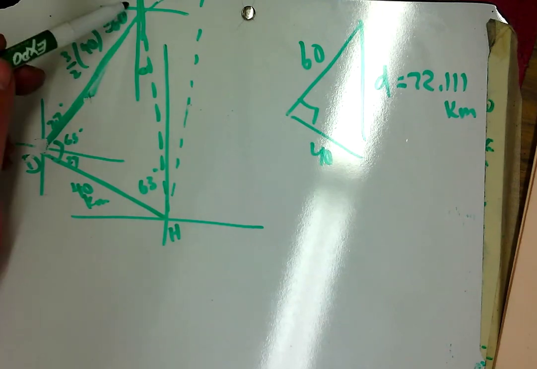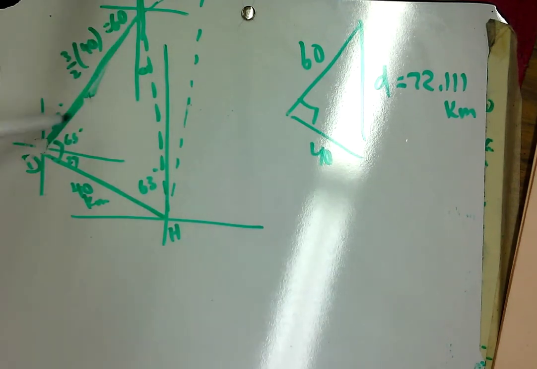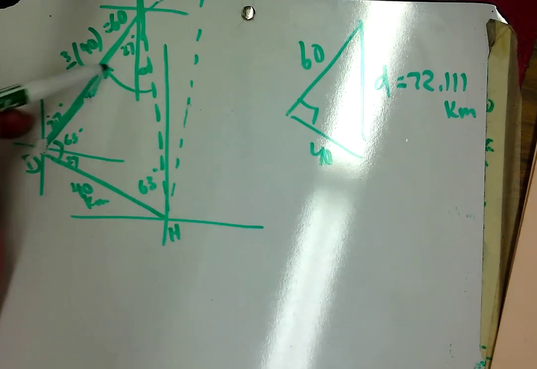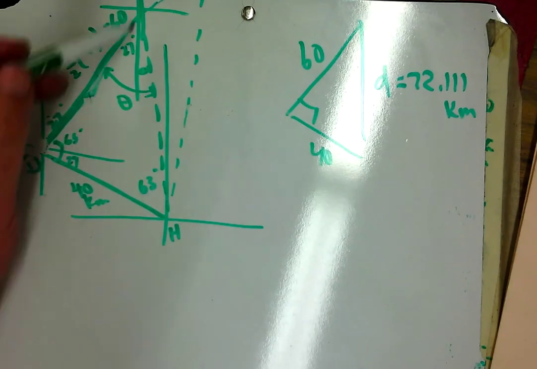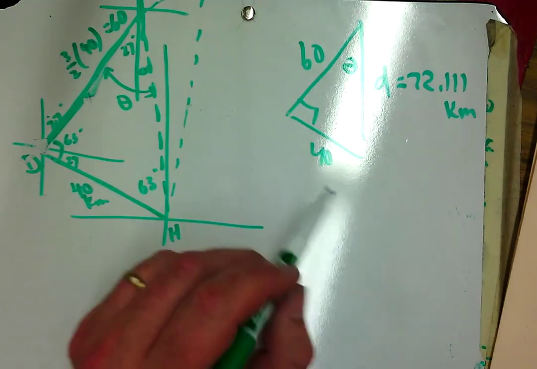I know that this 27 is the same as this 27 here. And I can find this angle, theta, inside this triangle.